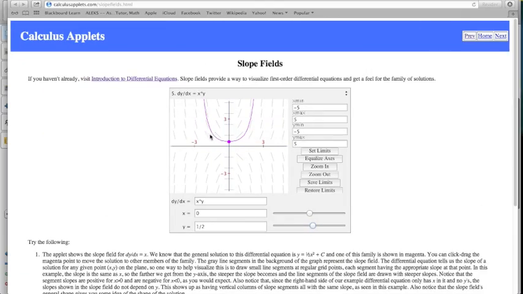The applet I'm using is called Calculus Applets, and it's calculusapplets.com. It's actually a very useful site. I have the differential expression here, x times y. I put in my particular solution, which is right there, and so I get that approximate curve.